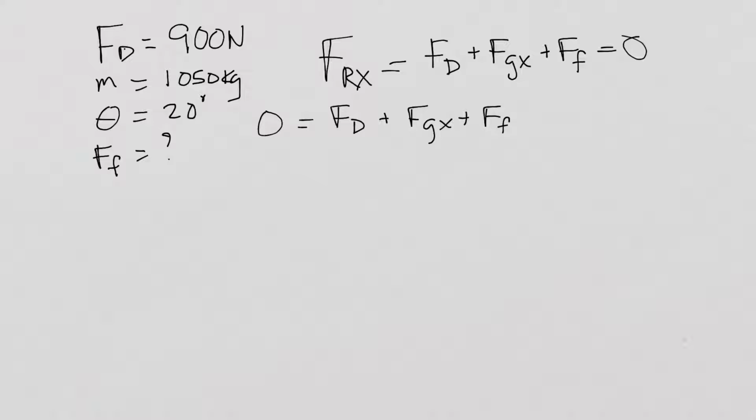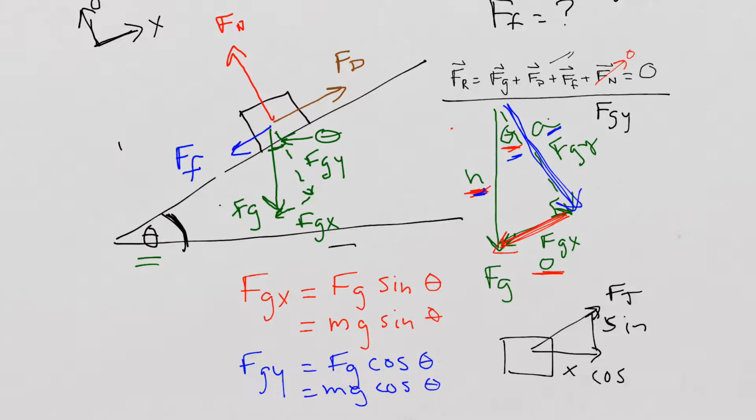Now, if we look at our actual x and y axis, is FF positive or negative? FF is going to be negative in this diagram. Is FGX going to be positive or negative? Is FD going to be positive or negative? It is going to be positive, right?